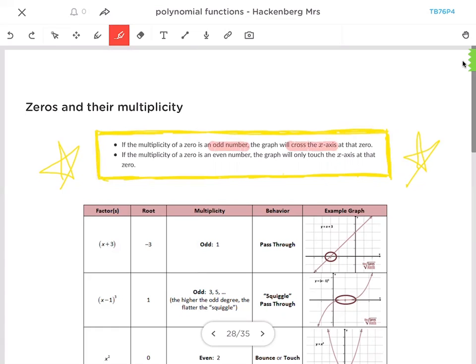However, if the multiplicity is even, it will only touch the x-axis. I feel like it's a little blurry up there on the screen, but hopefully you're able to follow along. Maybe I'll put that over here to the side so we can reference that throughout.